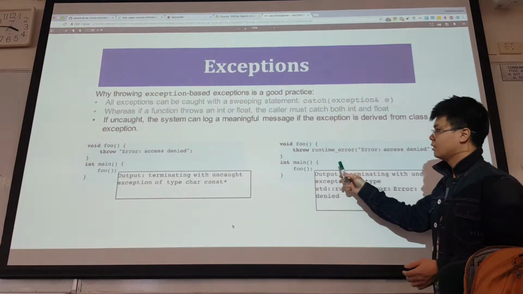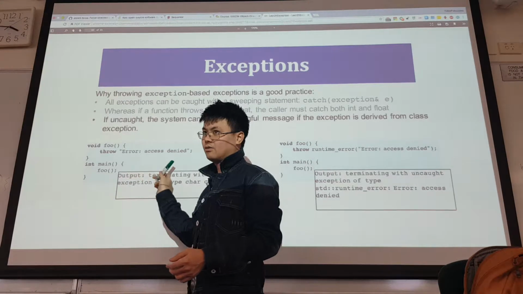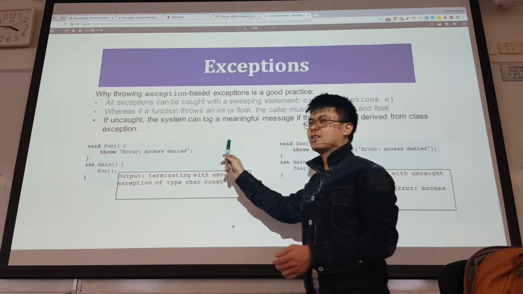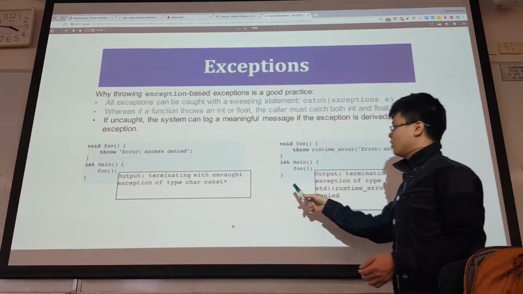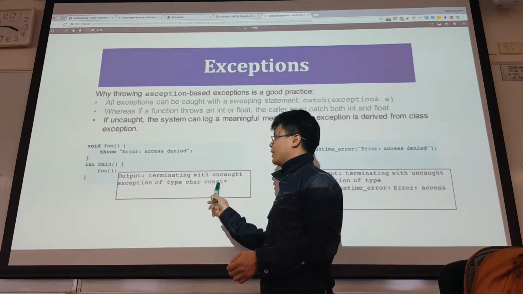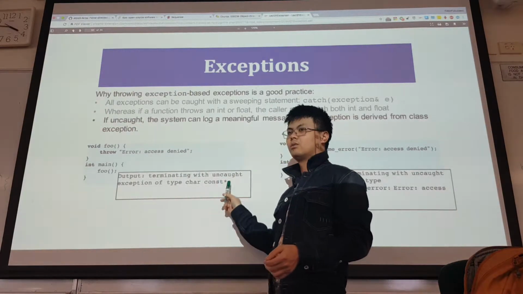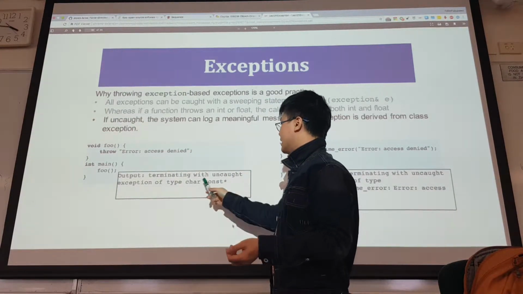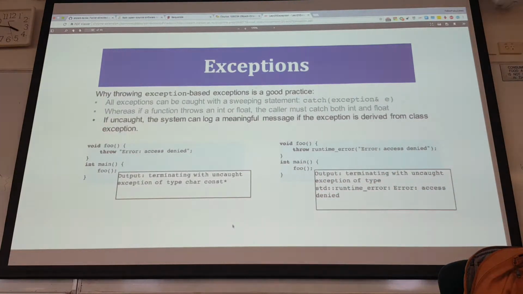If you just throw a string, even though you have the same content, this string contains the exact same information as this object, but because it is not an exception, the operating system doesn't know what to do, and it simply prints out the type, which is not very meaningful. Right, so this is another reason why you always want to throw an exception instead of something that is not.